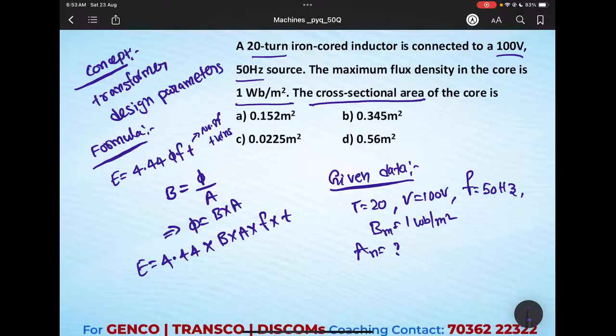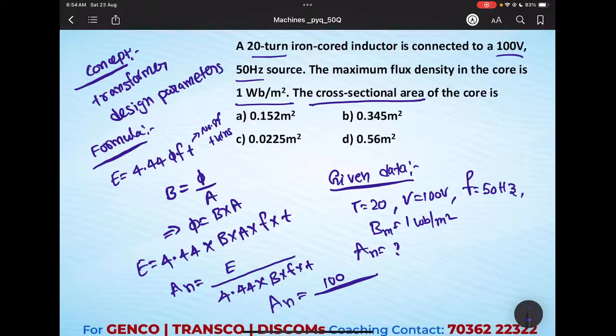From this formula, we can find An equals E divided by 4.44 into B into f into T. Substituting the given data, we get 100 divided by 4.44 into 1 into 50 into 20, where T is the number of turns, given as 20.